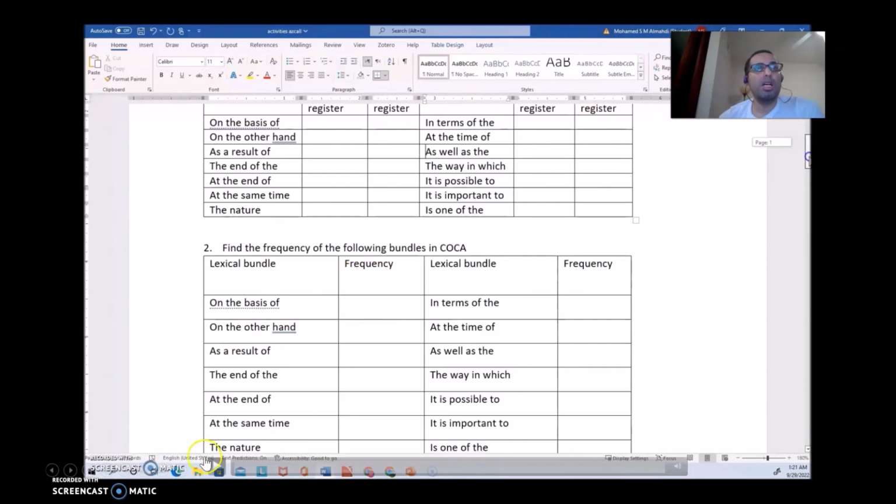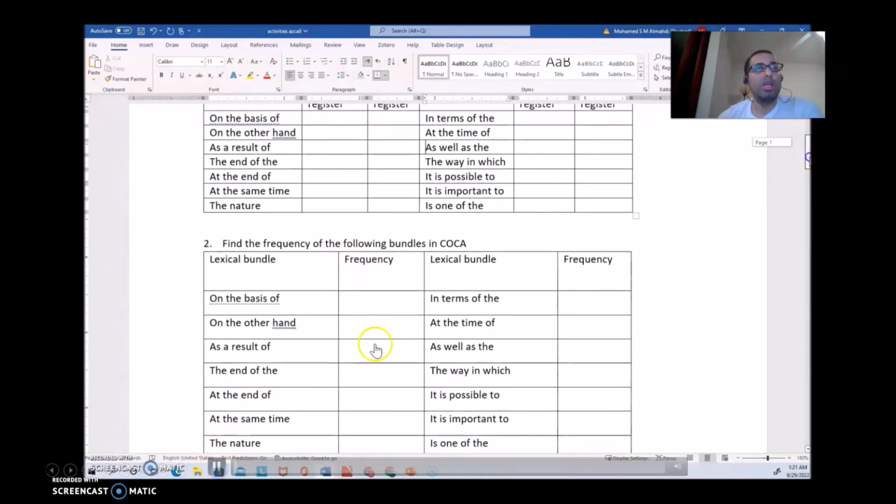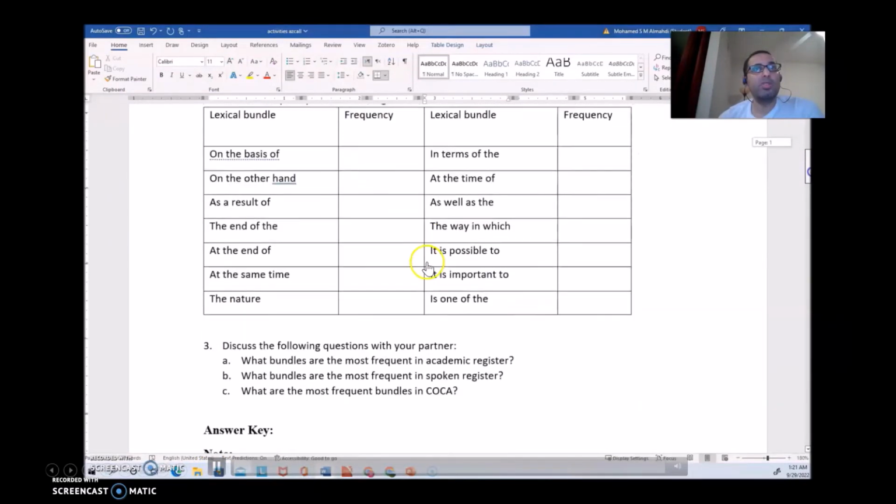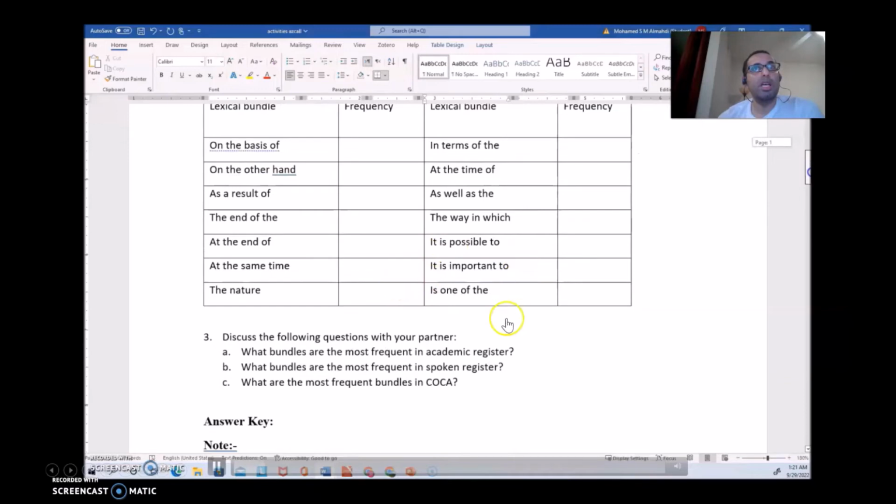For COCA, here there is an activity, so I asked students to look at bundles in COCA and see if it's common in academic register or spoken register, and also to find the frequency of the bundle in the corpus.